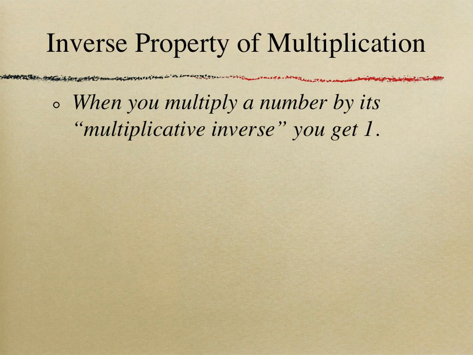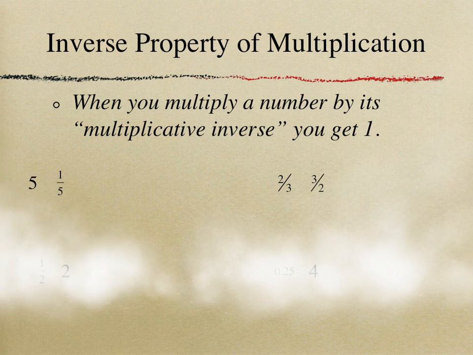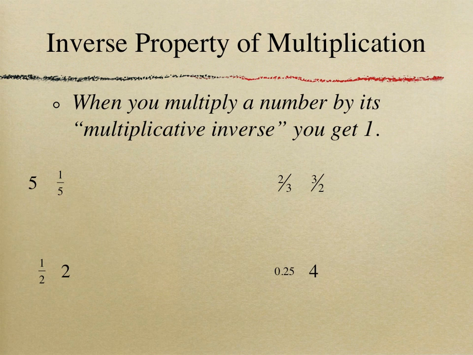The inverse property of multiplication says that when you multiply a number by its multiplicative inverse, its upside down, the answer you get is 1. So let's look at the examples in the table from the previous slide. If we took 5 and 1/5, we said that 1/5 was the multiplicative inverse of 5. If we multiply those two together, 5 times 1/5, well, let me write this out the long way.